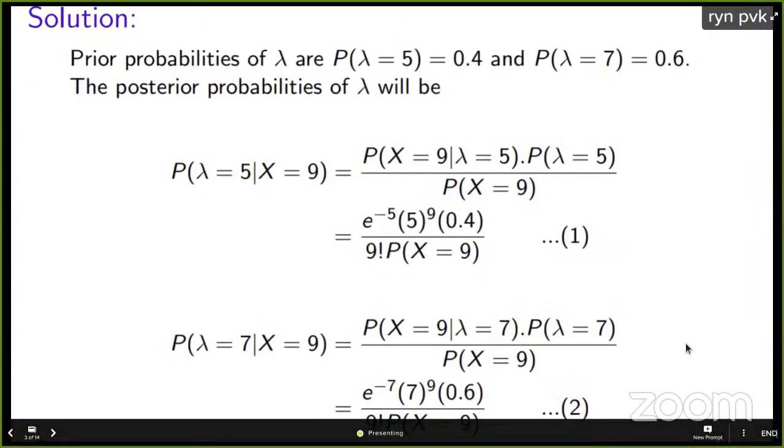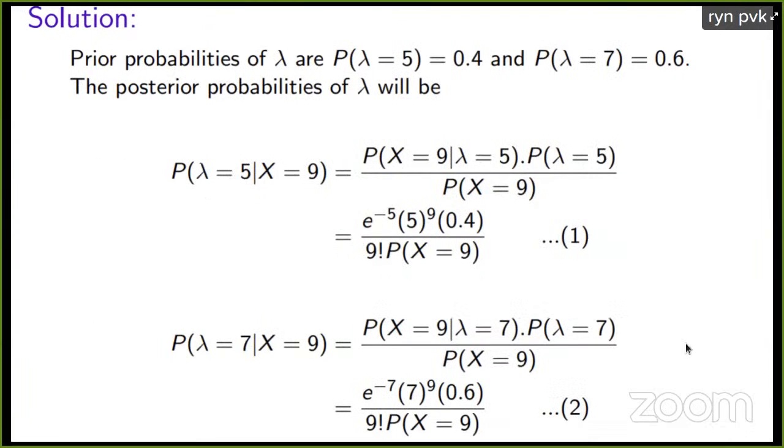The question was, we know the prior probabilities of lambda: probability that lambda equal to 5 is 0.4, and probability that lambda equal to 7 is 0.6. Now the posterior probability of lambda will be the probability that lambda equal to 5 given that x equal to 9. So our sample was 9 customers arrived in 1 hour.